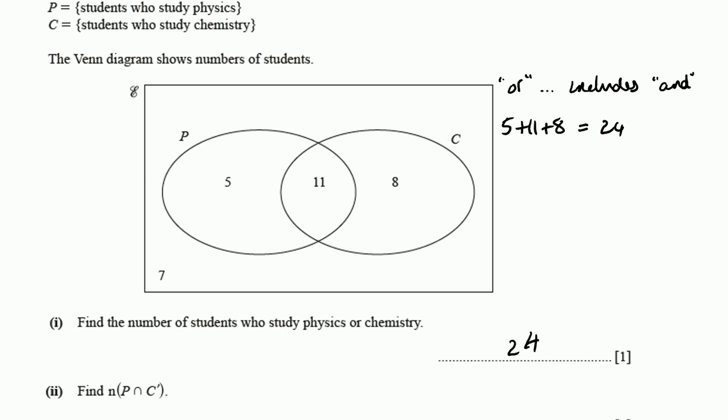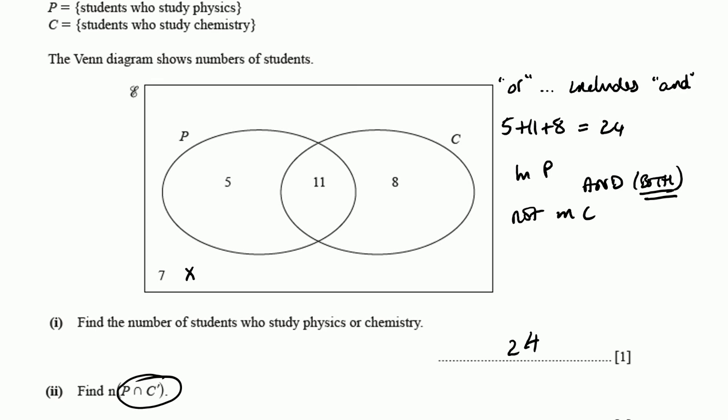Now I want to know the number of students who satisfy this condition. They are in set P, and at the same time they must satisfy both conditions. They are not in C. So with 4 regions to look at, this is not in P. It fails the first condition.